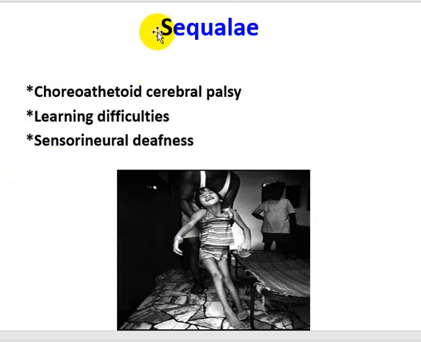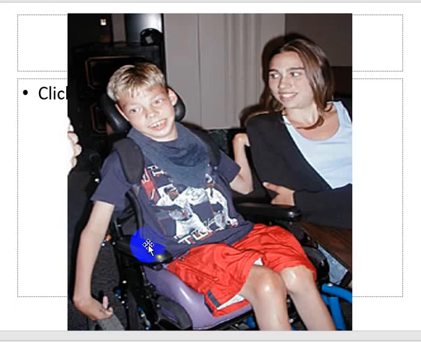And Kernicterus can be associated with serious sequelae like choreoathetoid cerebral palsy, learning difficulties, and sensorineural deafness. You can see this boy who suffered from neonatal jaundice and now presents with cerebral palsy and motor deficit. He is unable to walk.